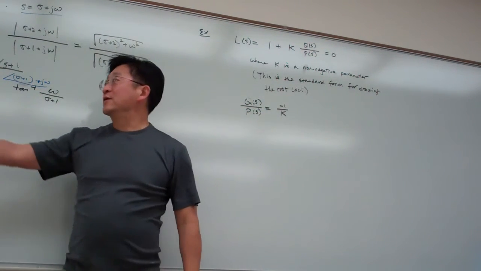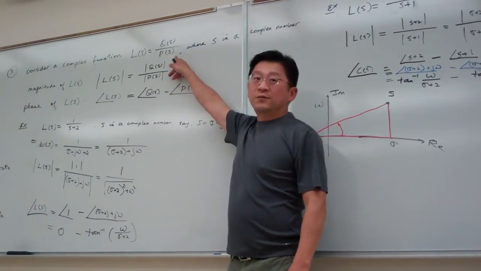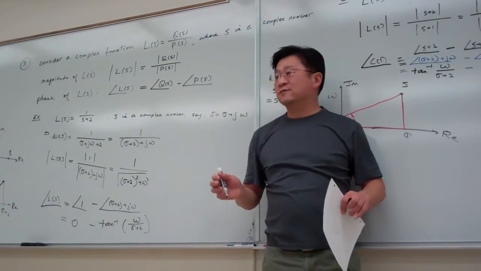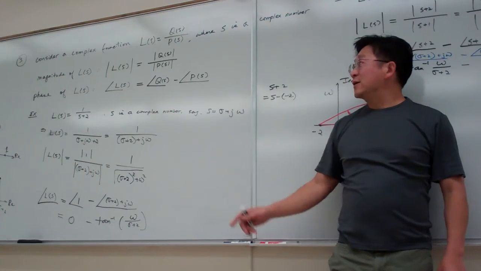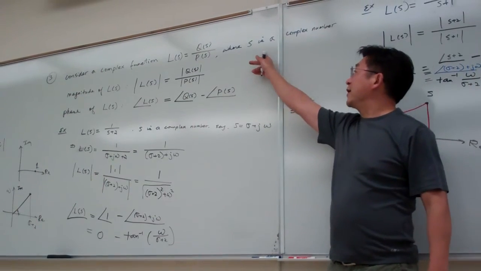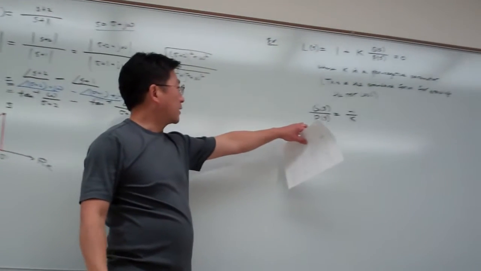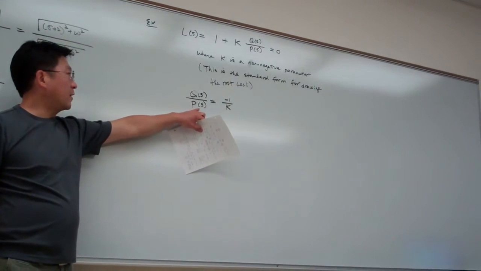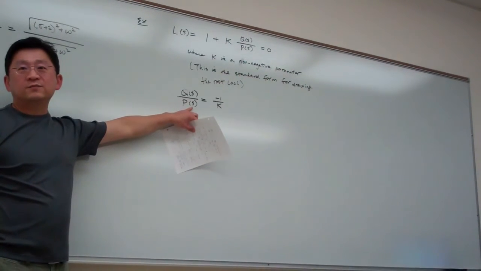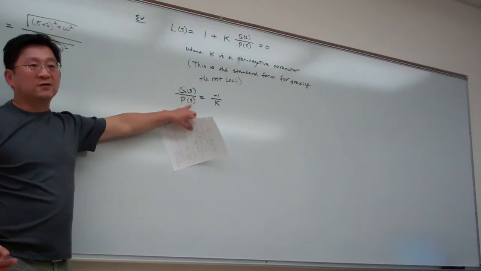Before, we were given a value of s and found the information about the function. So you can see the two things are kind of a reverse process. For the first one, it's straightforward: we plug in the value of s, whatever s, and do the calculation. For this one, we are given this information and need to find the value of s. There are many possible values of s, and the collection of those s simply gives us the root loci.